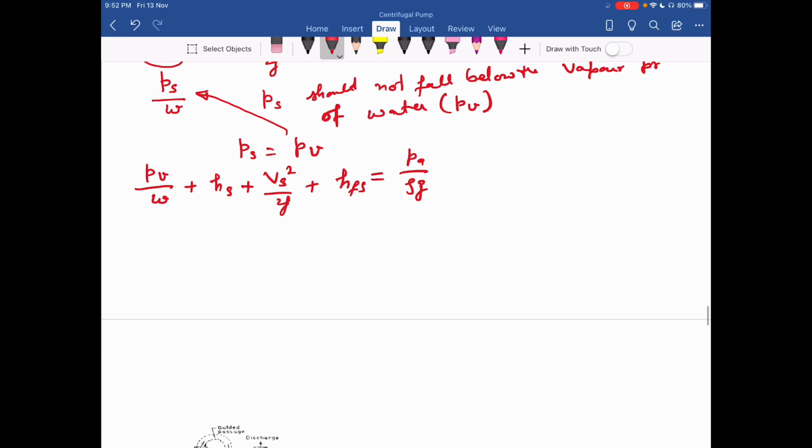So from here I can find out Hs, that is equal to Pa divided by rho g minus Pv divided by rho g minus Vs square divided by 2g minus Hfs. These signs are all minus.